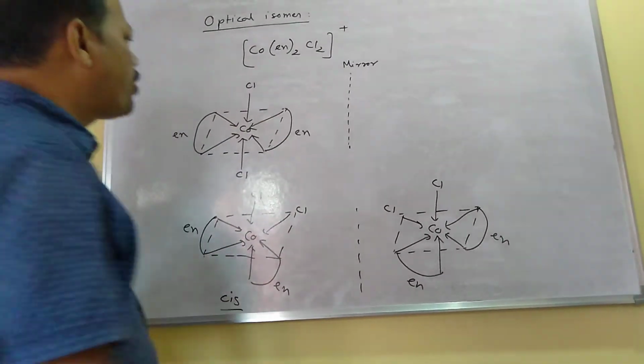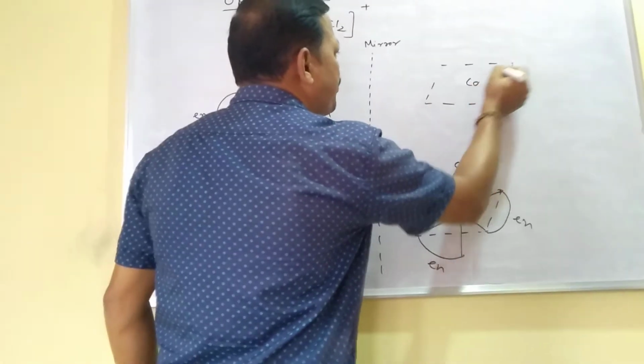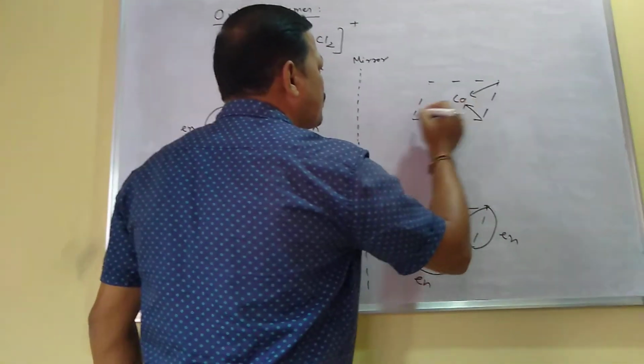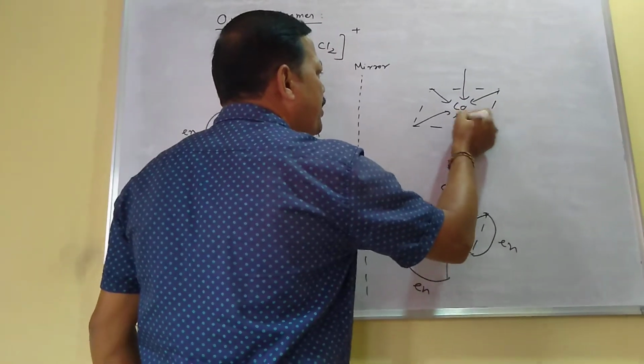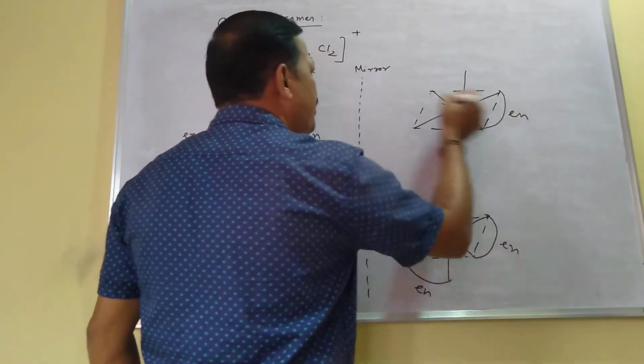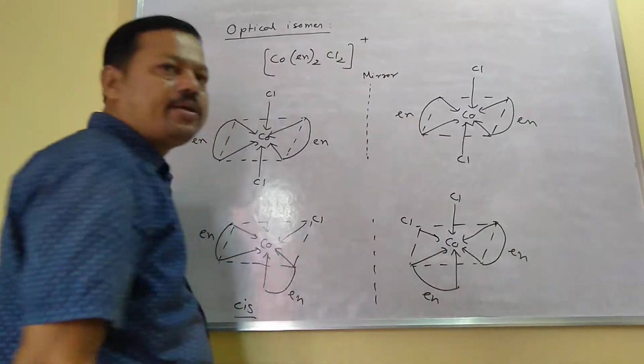But if you take the mirror image of this one, I think it will remain the same. There will be no difference between the object and the mirror image. One en will be here, another en will be here, one chlorine will be here, one chlorine will be here.